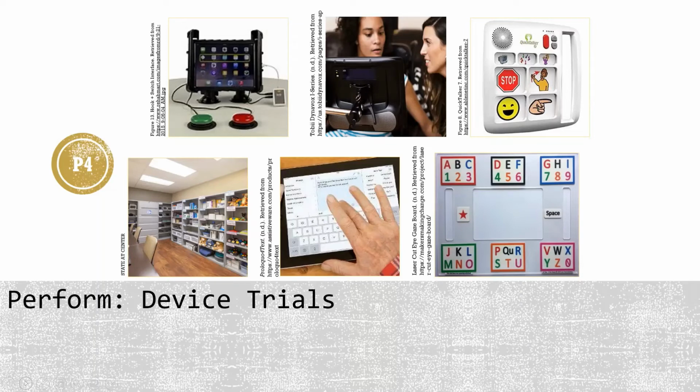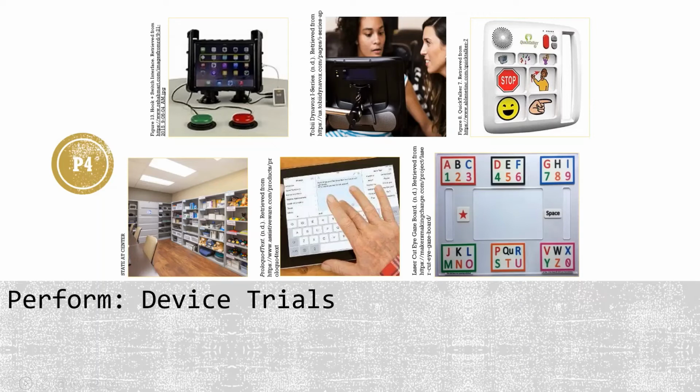So we want to make sure we're trialing a variety of things to ensure that we are making a recommendation that's valid, because we've tried a variety of things and the client has been able to demonstrate which works for them best. Knowing about all those needs helps us to guide this. Do we need to get some switches and make sure that we're providing options for switch access with auditory feedback?